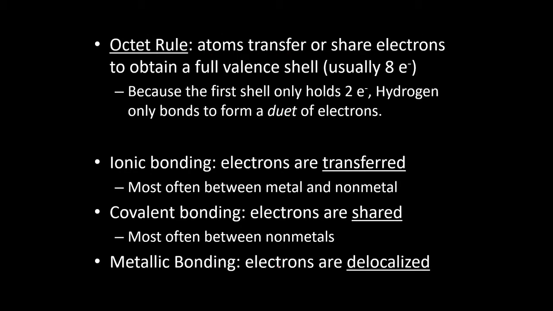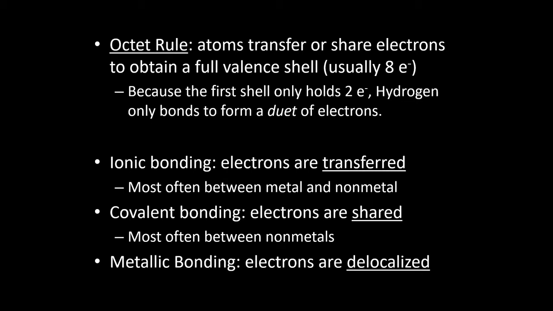So what our goal is going to be, when we are writing structures using the Lewis dot symbols, is that we are trying to get everything to have what we call an octet.